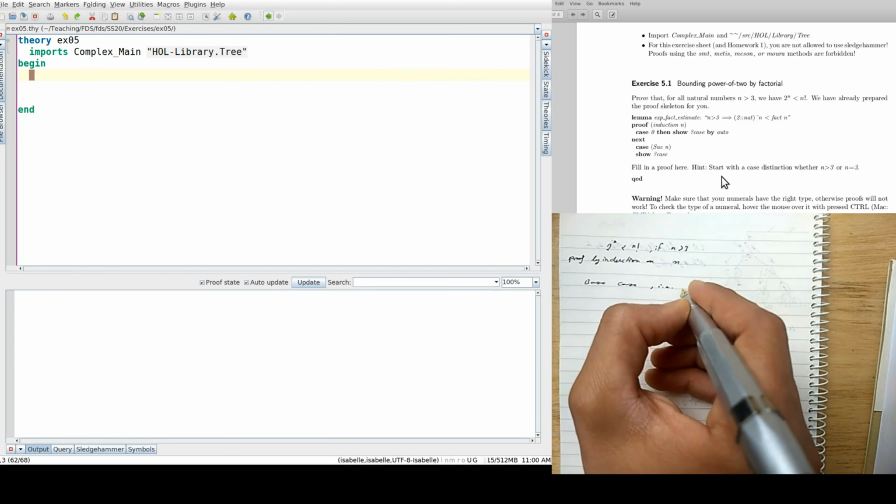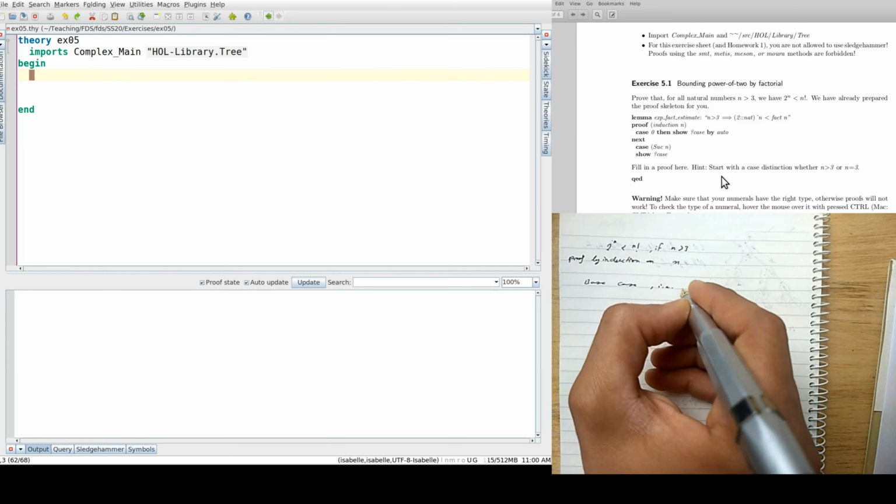Like in pen and paper, we would say from the premise, we actually need to split it into 2 cases.